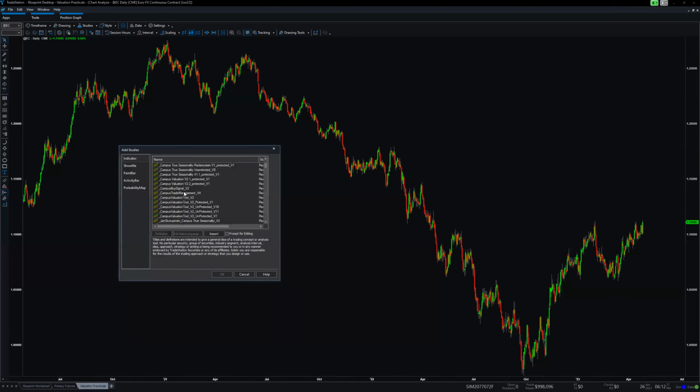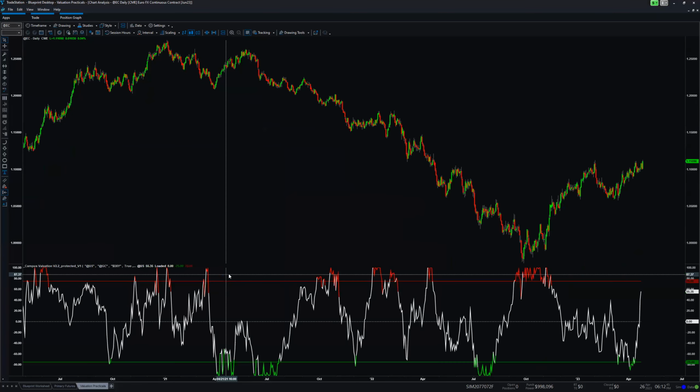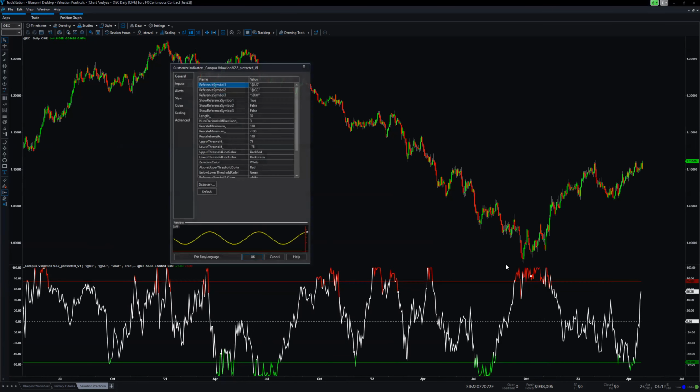Studies, add studies, campus valuation 2.2. Here we go. So what we're now going to do is not look at the treasuries this time. We're not going to look at bonds. We're going to look at dollar DXY as a cross-market condition for our Forex market.